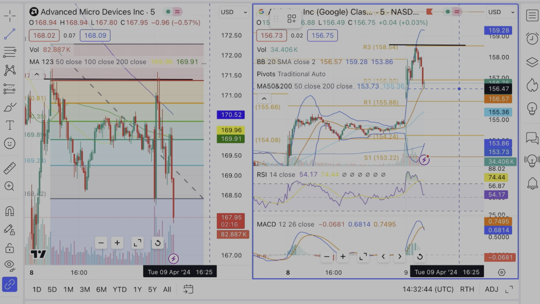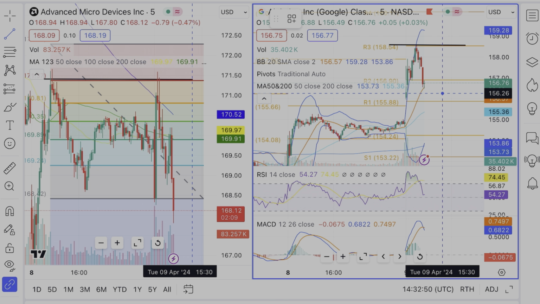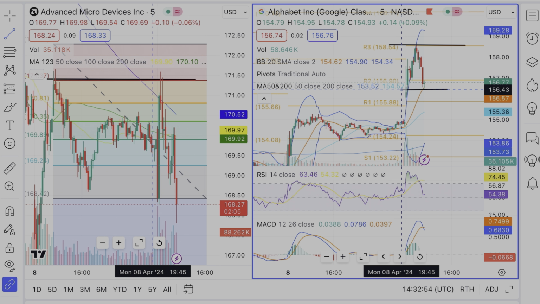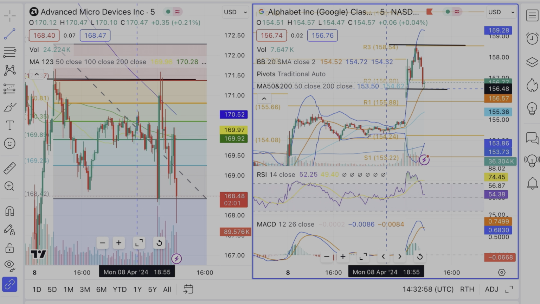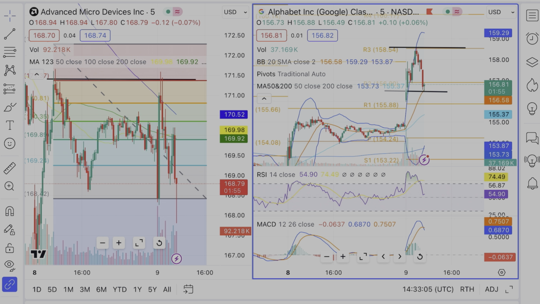All right, so right here where it's at right now, that's a nice little level of support. It's at a nice level of support, also touching that 20 SMA, right?